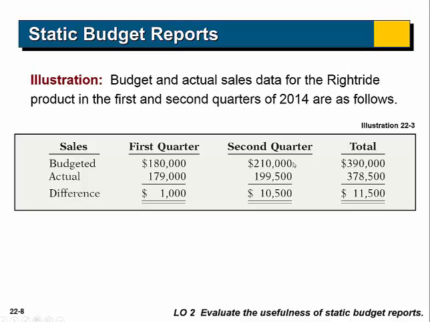What about second quarter? 199,500 is not as good as 210,000 for a total of 10,500 under budget. So therefore, if you were to take the total, you can see that for these two quarters, we are 11,500 under budget for our first two quarters of 2014 sales.